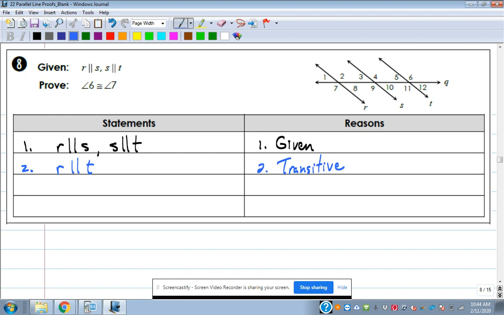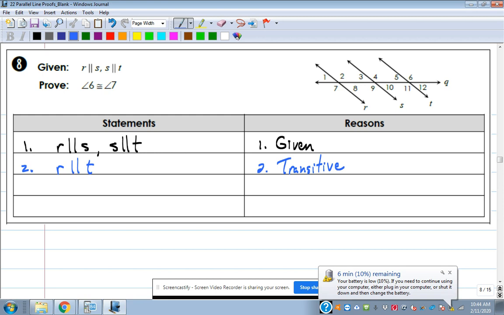And then because R is now parallel to T, we get all of the angle stuff with lines R and T working. And so we pretend line S is not there, and we try to get angle 6 congruent to angle 7. So 6 and 7 are what kind of angles?